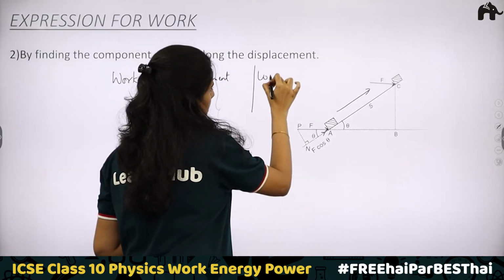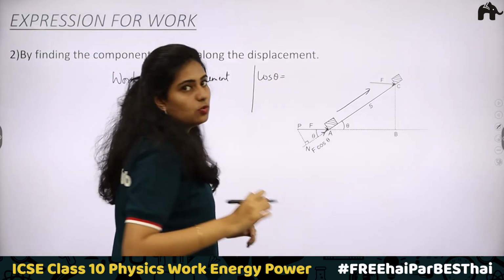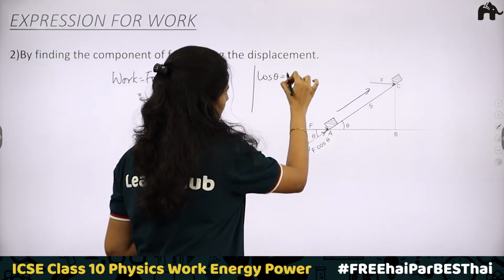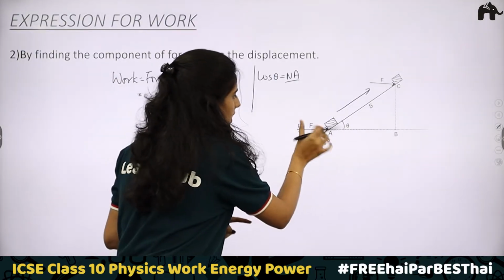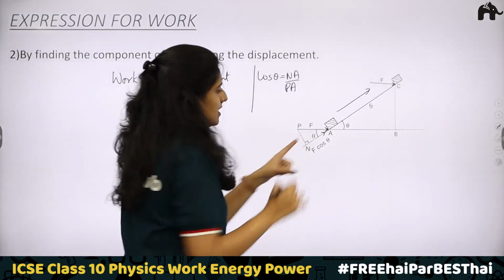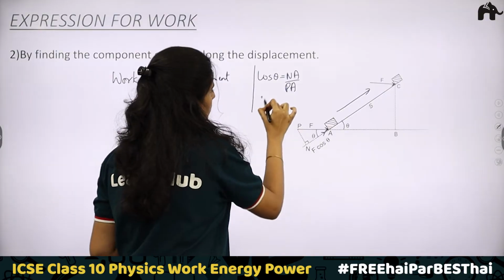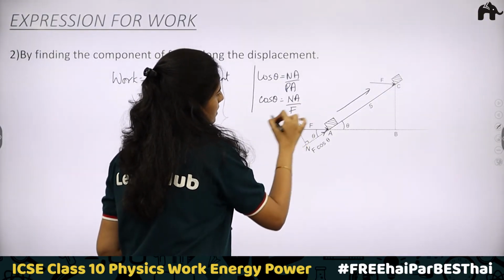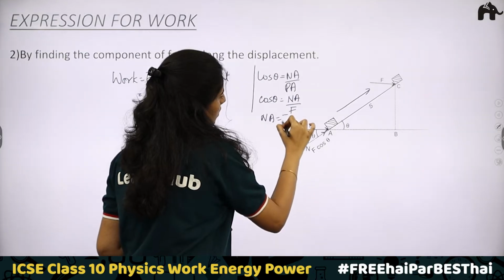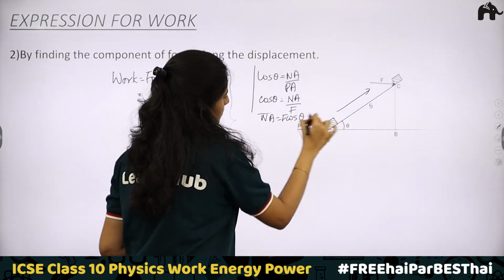Now, we will take the cos component. What is cos theta? Cos theta will be equal to adjacent, NA, divided by hypotenuse. Here we have the right angle, which means hypotenuse is PA. PA is the force. Therefore cos theta is equal to NA divided by force, and then NA is equal to F cos theta.